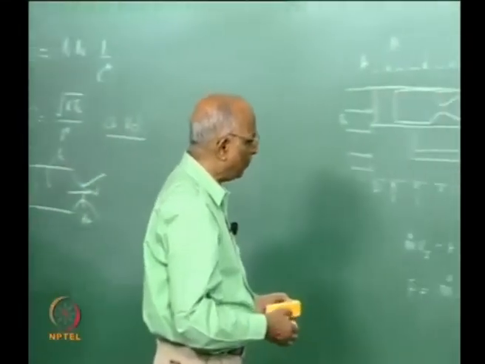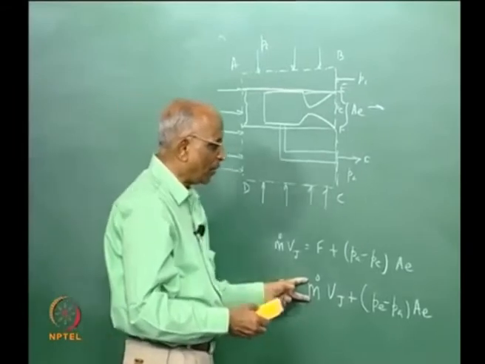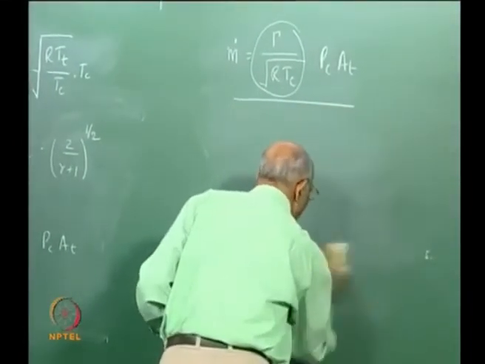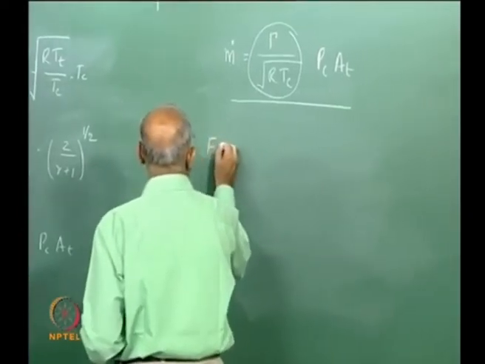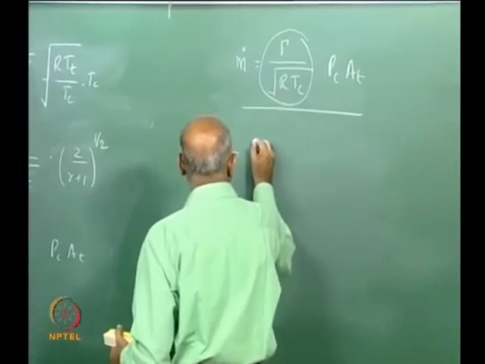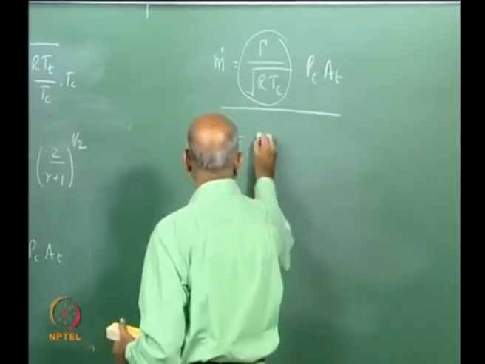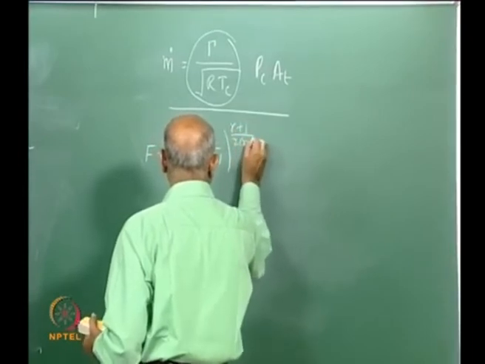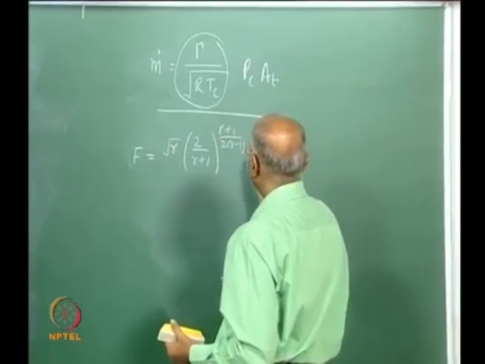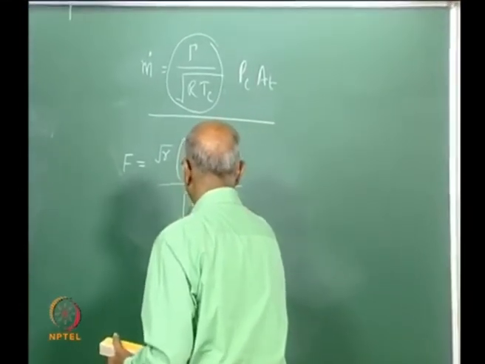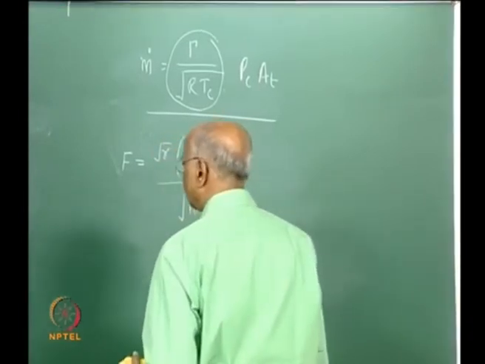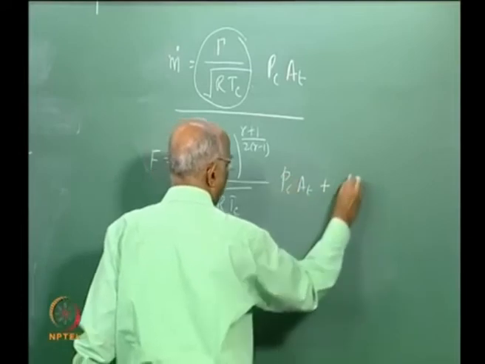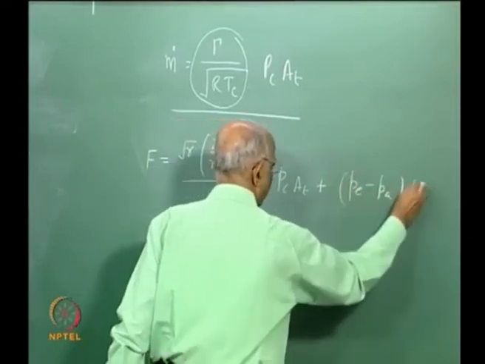Therefore what is it we ended up doing? We wanted to find out the value of m dot, and the value of m dot we said was equal to, let us put it down, I have the value there, and therefore I can now write my force is equal to, let us substitute, under root gamma 2 over gamma plus 1 divided by gamma plus 1 divided by 2 into gamma minus 1, divided by under root RTC, into PC AT, plus PE minus PA into AE.